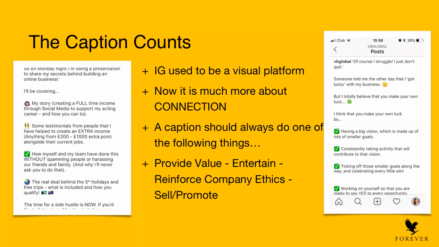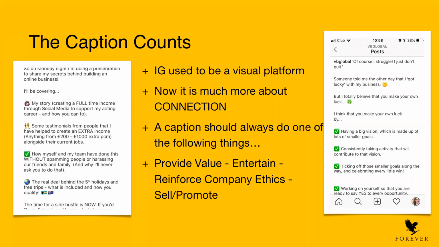Instagram used to be a very visual platform, so it was very much about high quality images that would attract people through hashtags. And what that meant was you would get a lot of likes on a picture, but they weren't necessarily from people that you were building a relationship with and sharing bits of your personality with, because people weren't utilizing the captions.